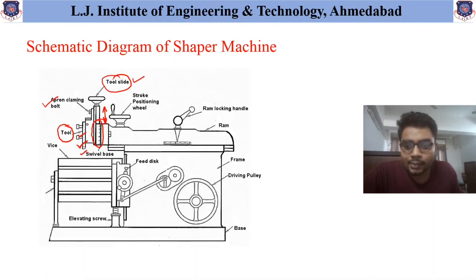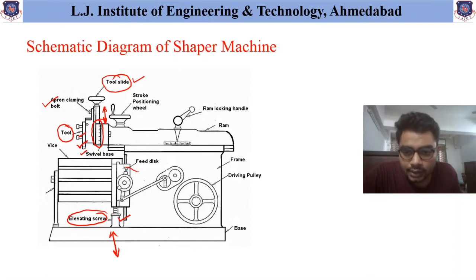So again I am repeating this: the swivel base is used to obtain any angular surface finishing or cutting operation. Here an elevating screw is provided, and this elevating screw helps to maintain the up and down movement of the work table.